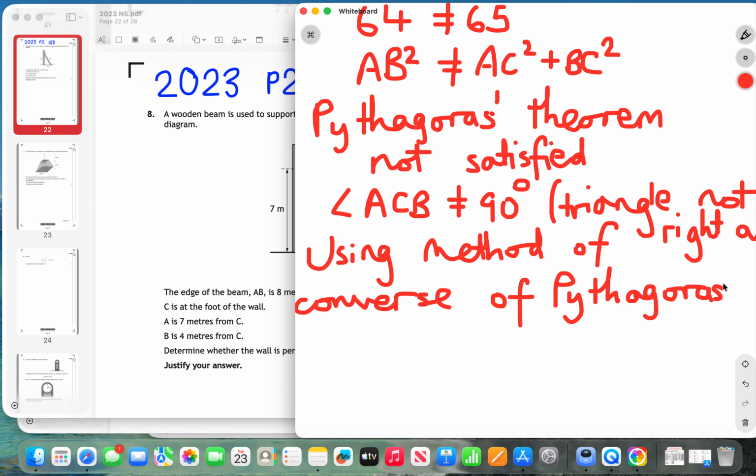Using the method of the converse of Pythagoras, the wall is not perpendicular to the ground. I don't think you would have to write all of this, but I would write this amount of detail just to be on the cautious side.